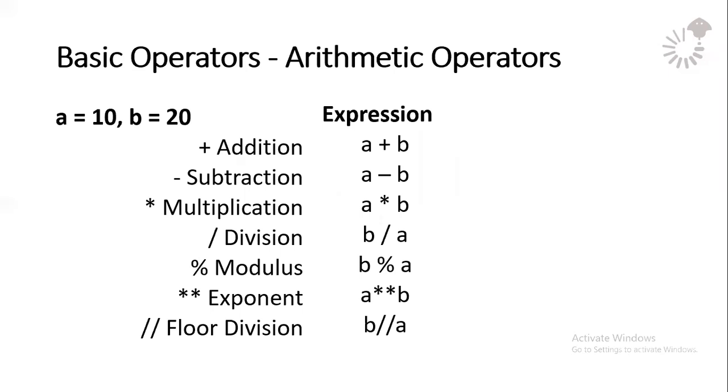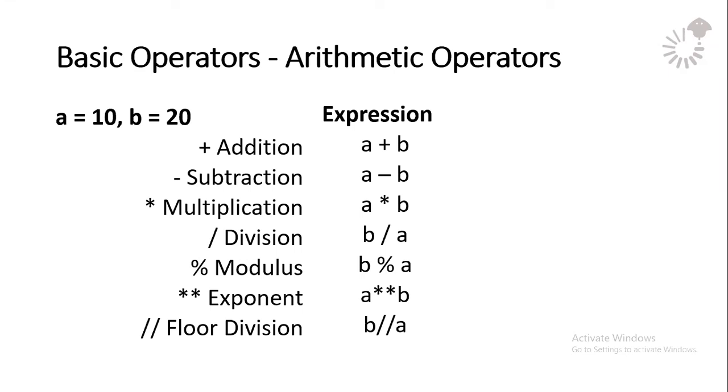A multiplied by B, 200. B divided by A, 2. B percent A or modulus division A, 0. Exponent is double multiply or double asterisk. A exponent or raised to B.